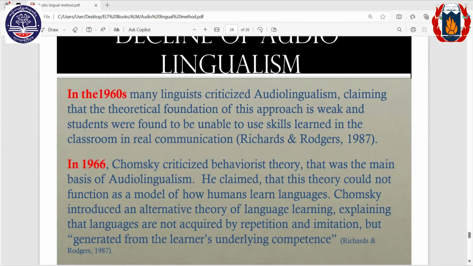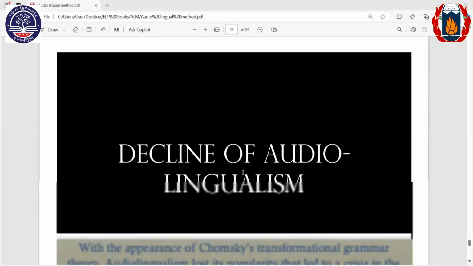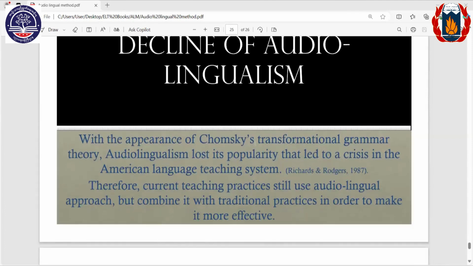That's why it is generated from the learner's underlying competence. So that's why, with Chomsky's transformational grammar theory, audiolingualism lost its popularity.